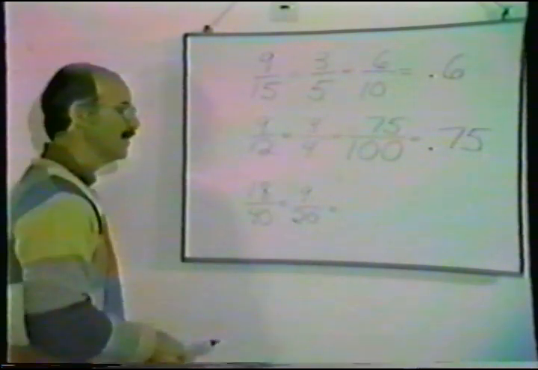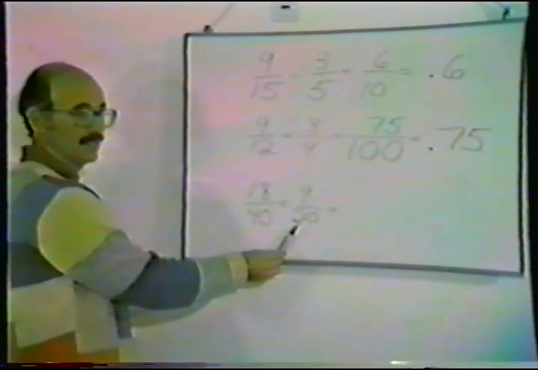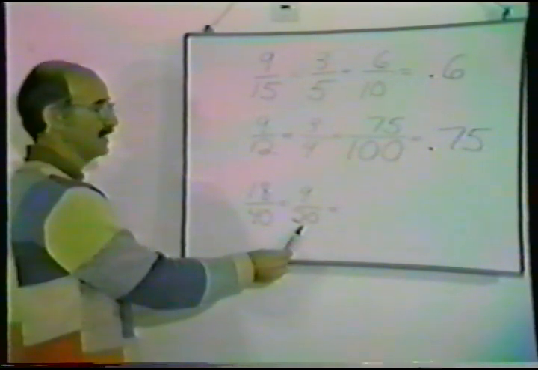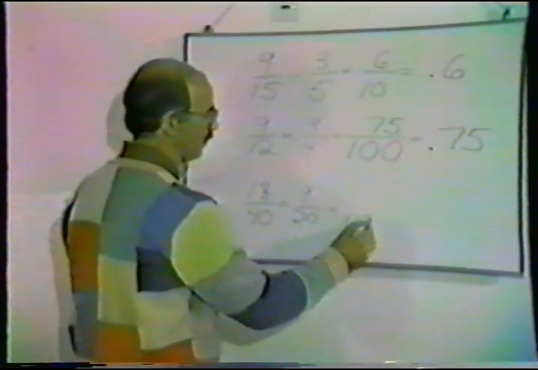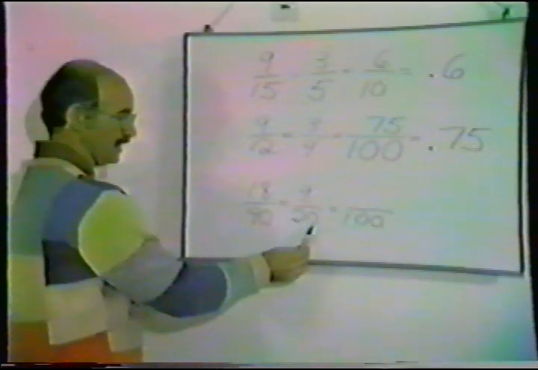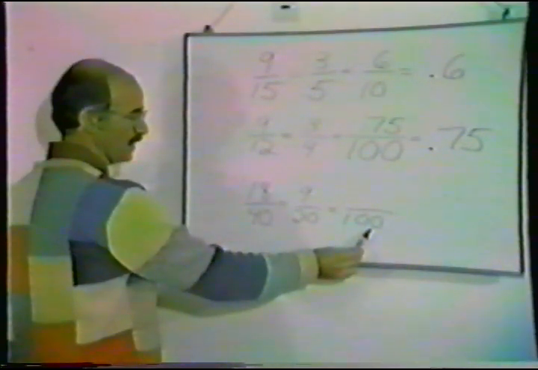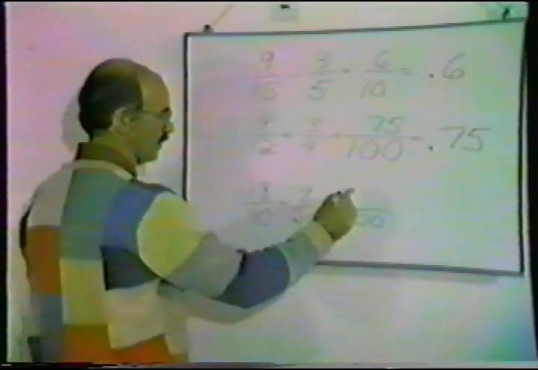Is the bottom number now 10, 100, or 1,000? No. Can we make it 10 or 100? Yes. We can make it 100. 20 into 100 goes how many times? 5. Times 9? 45.